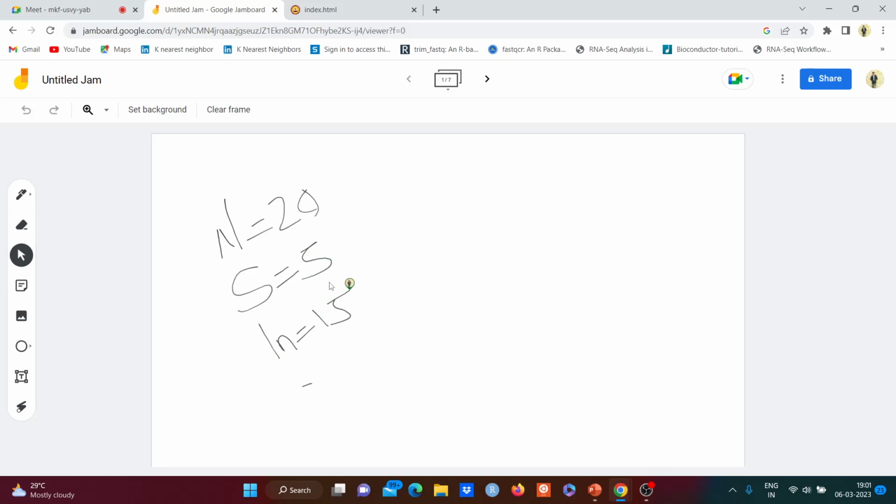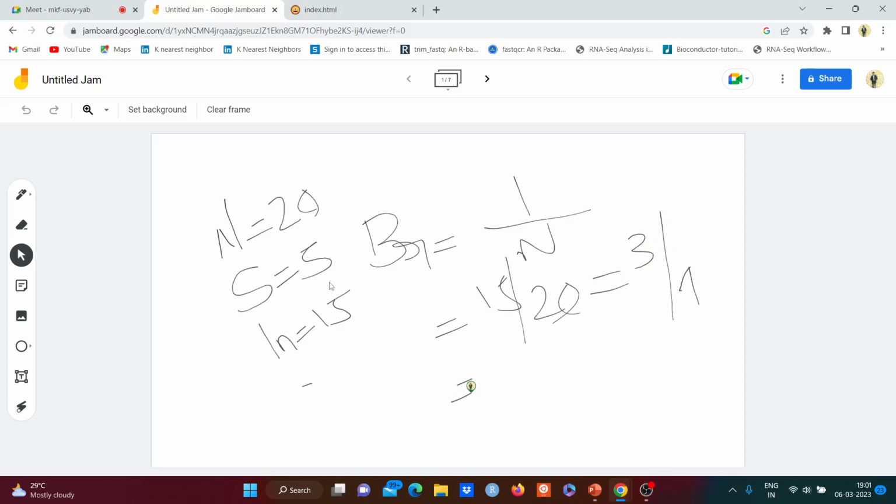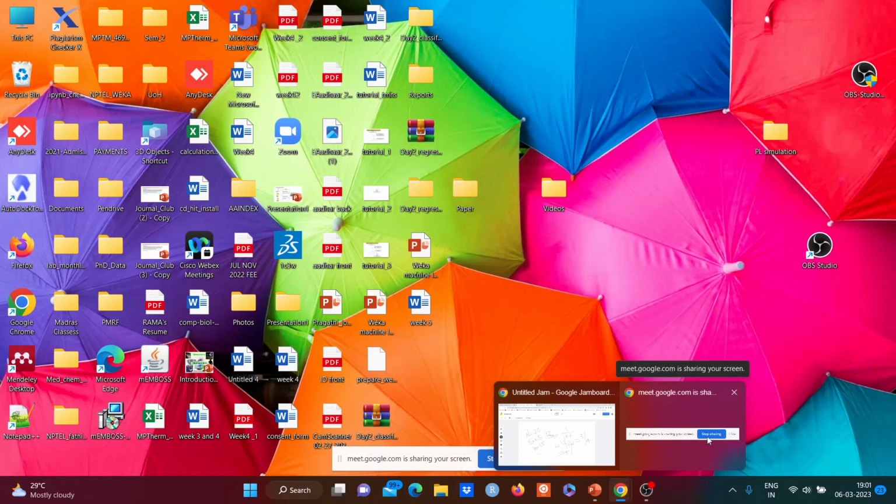The buriedness BR is given by interior residues divided by N. So 15 by 20 equals 3 by 4, or 75%. Just give me a moment.